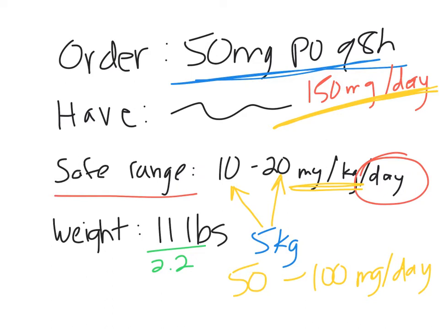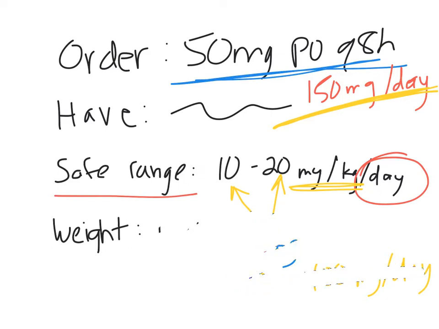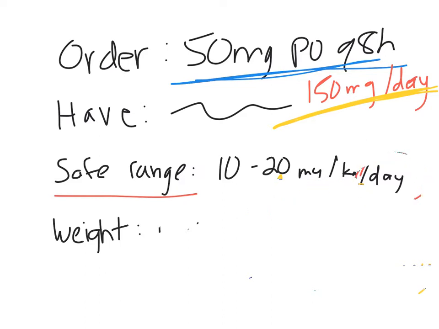It would be different if we had a patient who weighed a little bit more. Let's say the dose that's been ordered is the same, and the safe range is the same since it's the same medication.